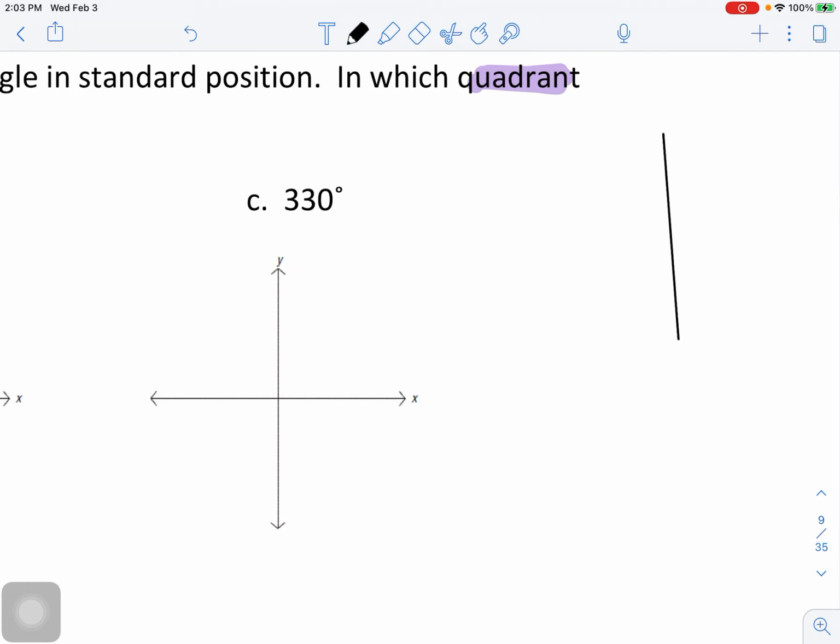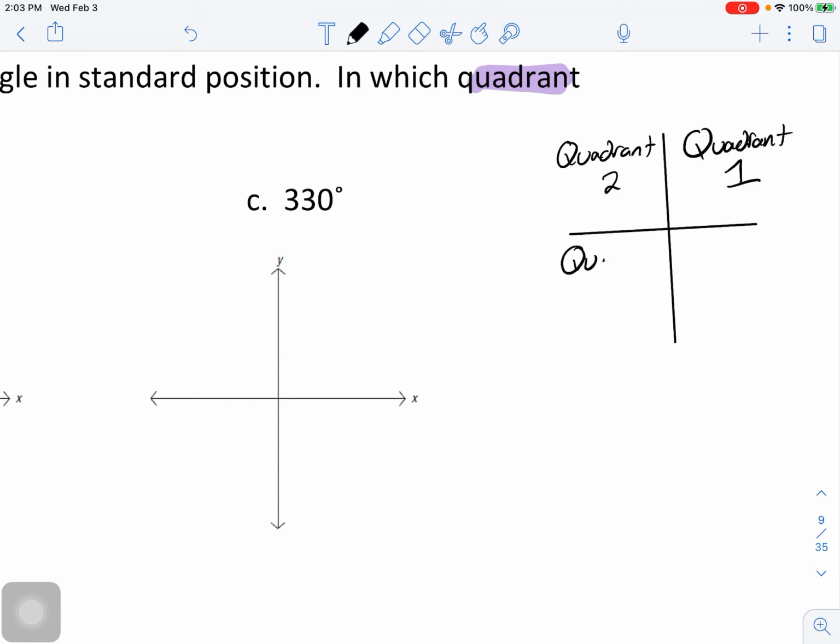Quadrants are the sections of a Cartesian plane. So this top right, this is quadrant 1. This here would be quadrant 2. This here would be quadrant 3. And this here would be quadrant 4. Okay, so you have 1, 2, 3, 4.